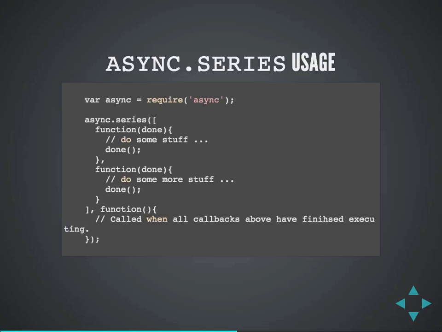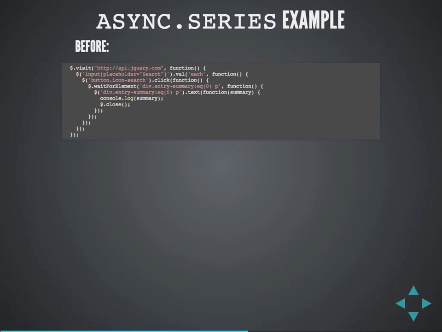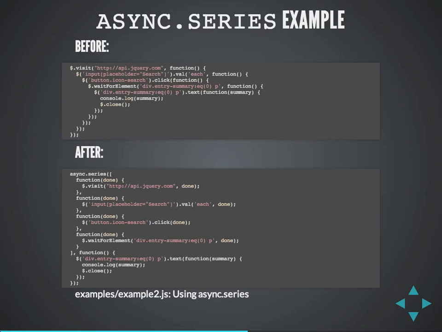So this is a great way for us to take all of that nested mess and turn it into something that's actually readable. Let's look at the before example, which is what you see here. A lot of you are going to be very disappointed, but the after looks like this. And a lot of you are saying, okay, that sucks more. It's more code. It's harder to read.